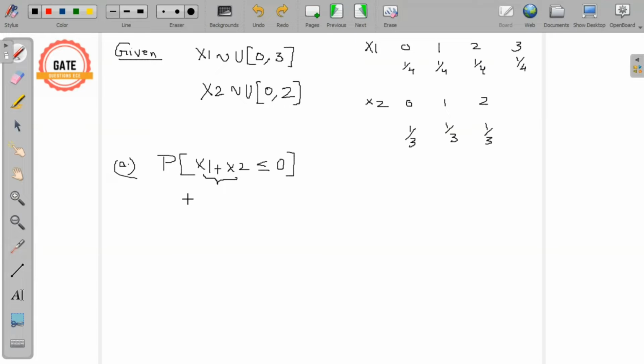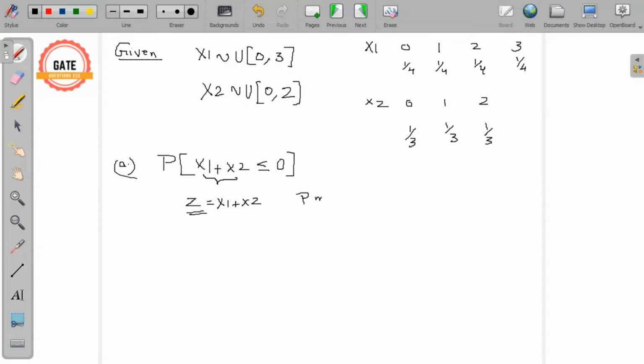We consider that x1 plus x2 is another random variable, say z. And we know that if x1 and x2 are independent, then the p.m.f of z is the convolution of the p.m.f of x1 and x2.